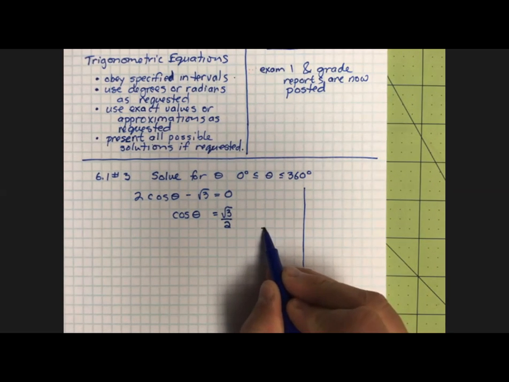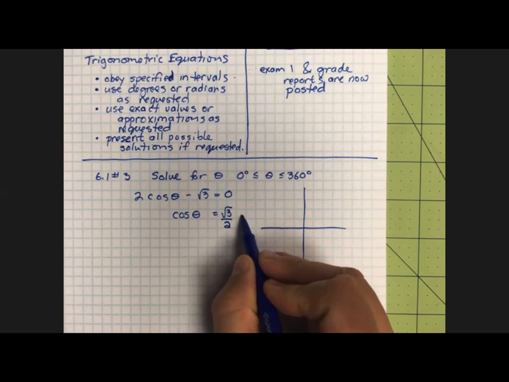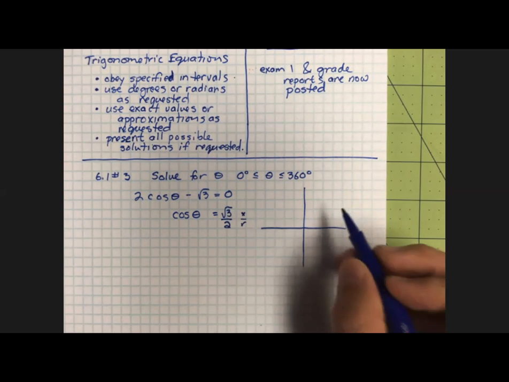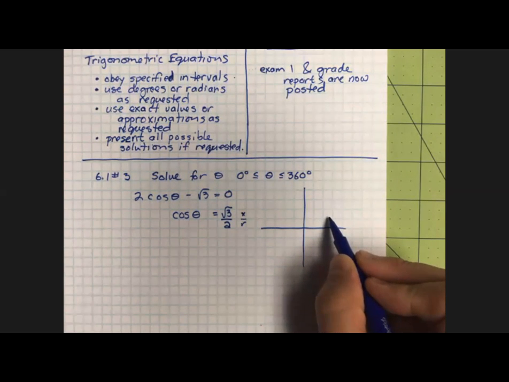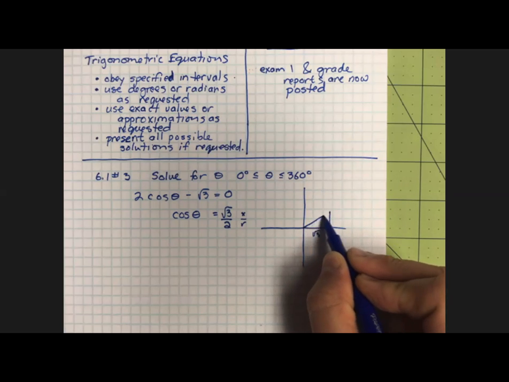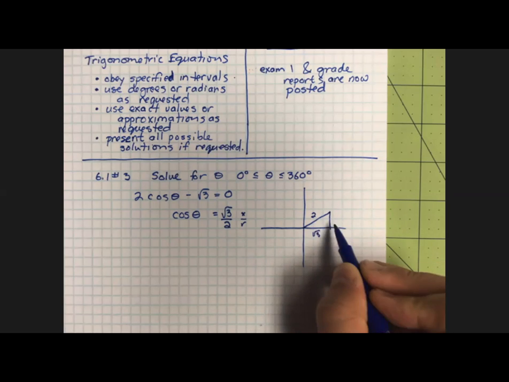But there is more than one angle that has that cosine. Cosine root 3 over 2. Now, if you want to scratch on the side, x over r. But what triangle is it that has a radius of r and an x of root 3? This is going to be a 30, 60, 90 triangle.